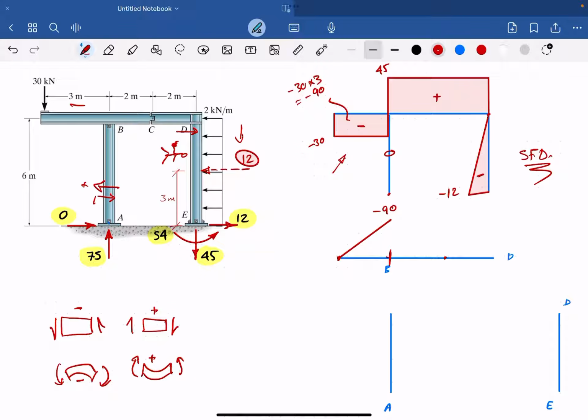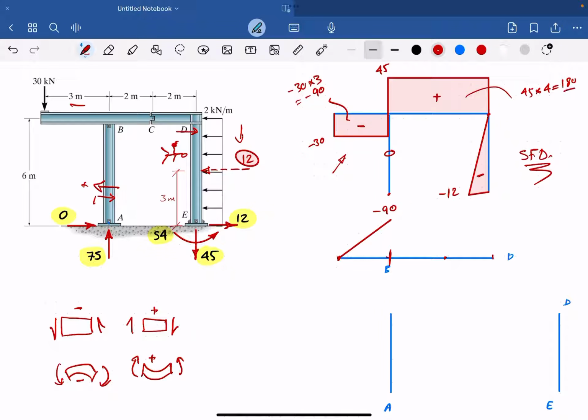And then how much will the moment be at this point? Let's do it also from the shear. You have here minus 90, add this area, plus this area because this is positive. So how much is this area? It will be 45 times the length here, which is 4 meters. This will give us 180.